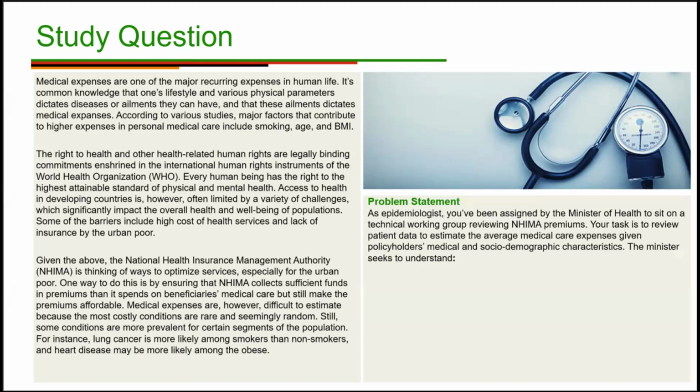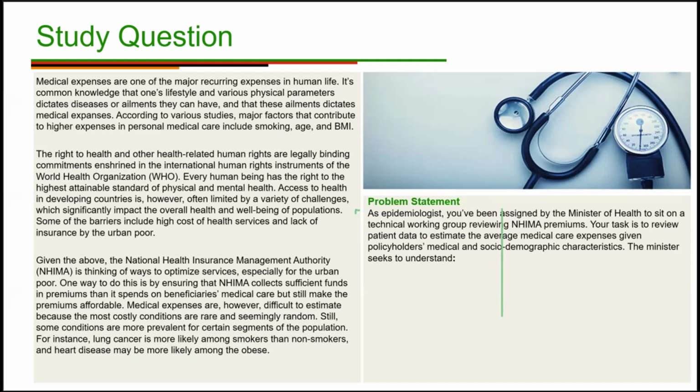And so what is our problem statement? As an epidemiologist, you've been assigned by the Minister of Health to sit on a technical working group reviewing NEMA's premiums. Your task is to review patient data to estimate the average medical care expenses given a policyholder's medical and socio-demographic characteristics.